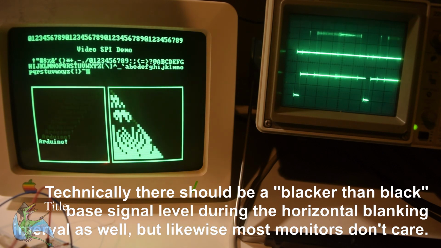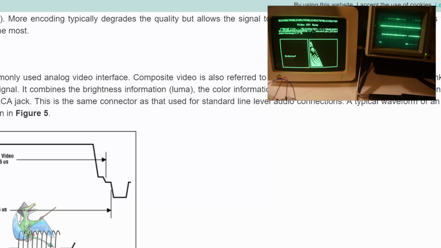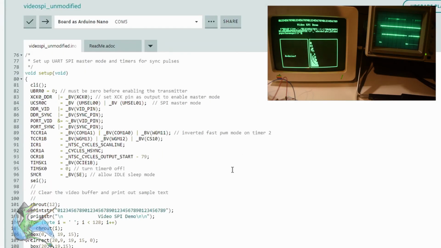So how is this done on an MCU? If we look at the code for this Arduino sketch that I'm using, it's pretty simple. The Arduino has the AVR chips.